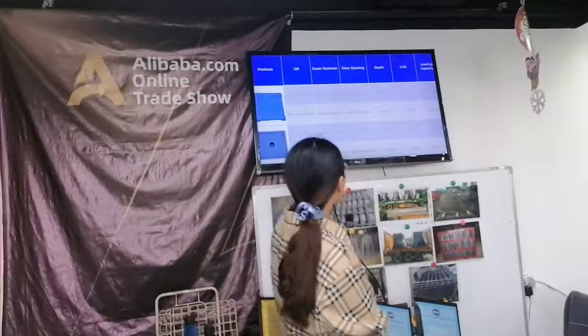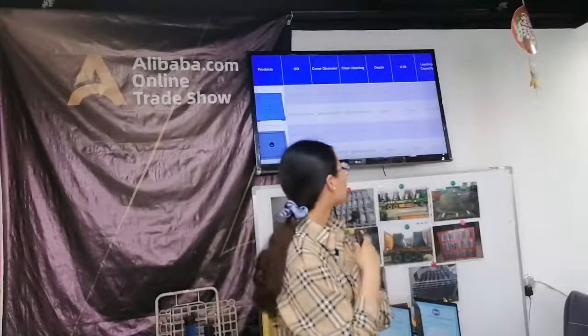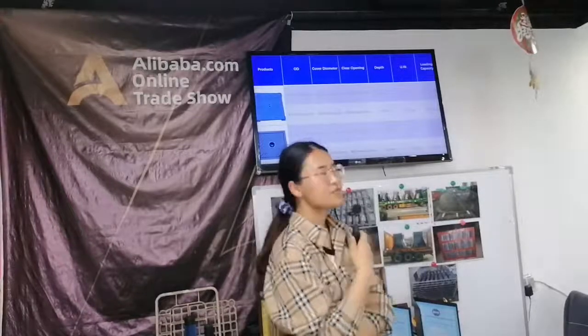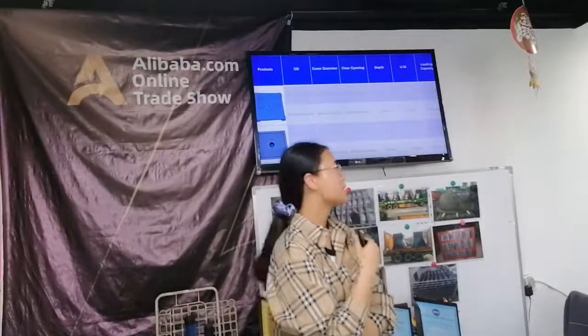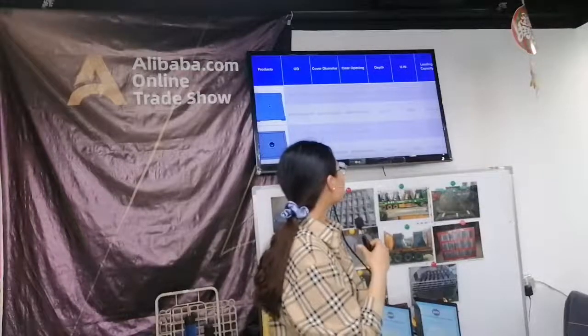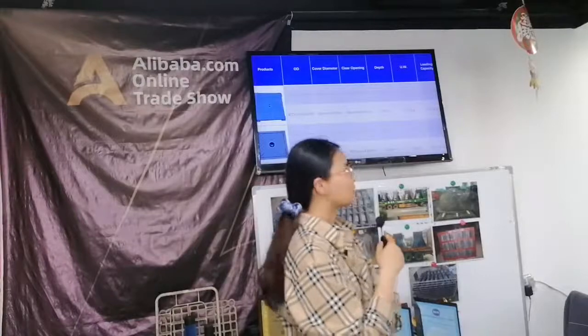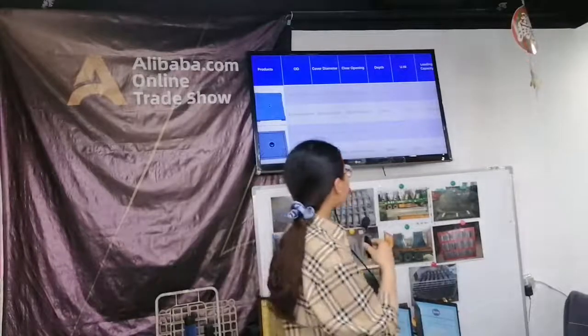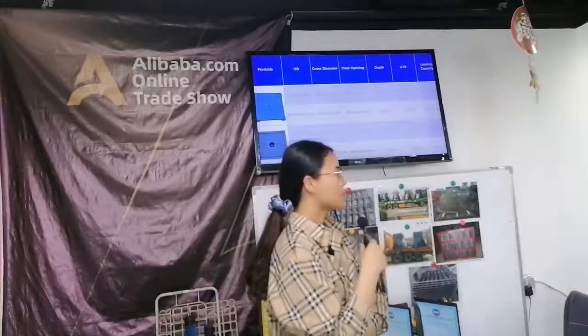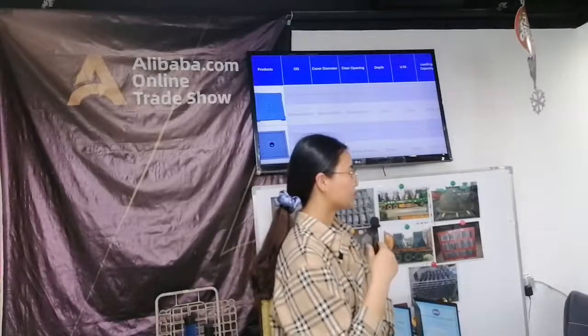For this one, the outer diameter is 600 millimeter. The cover diameter is 495 millimeter. The clear opening is 430 millimeter. The depth is 60 millimeter, and the unit weight is about 23.5 kilograms.